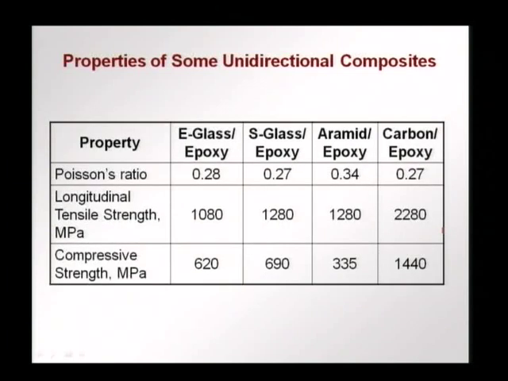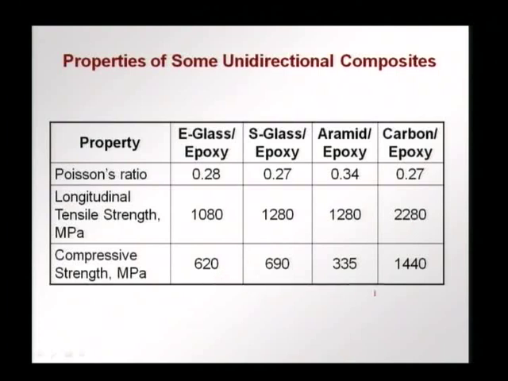Other properties: Poisson's ratio is about 0.3 in all the cases. Longitudinal tensile strength, again you have in the lower range glass about 1000 to 1300 megapascals, much higher values in carbon FRP, 2300 megapascals in this case.